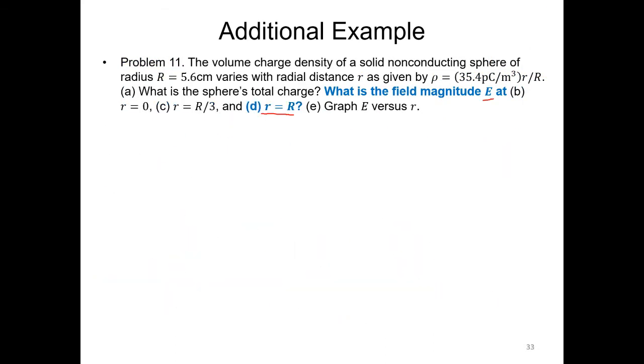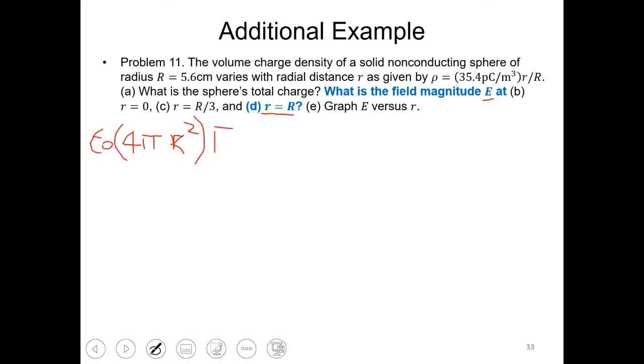So we can just use Gauss's law, 4 pi r squared, where r squared is capital R squared, times E equals pi rho S R cubed over epsilon naught.